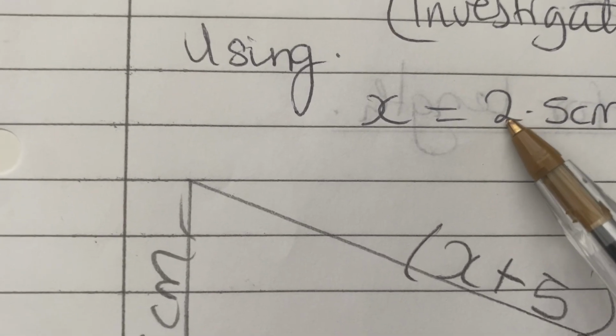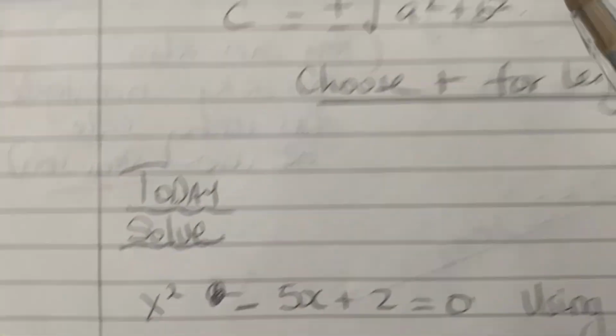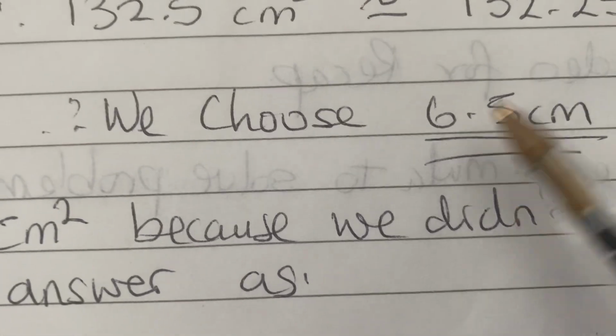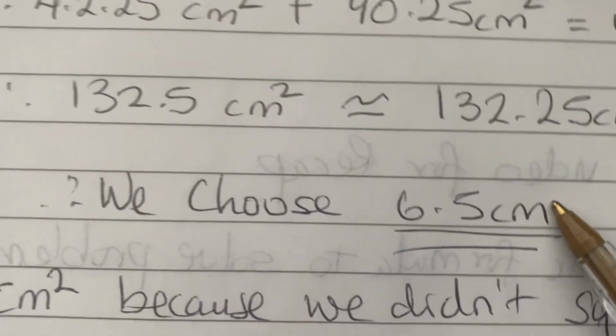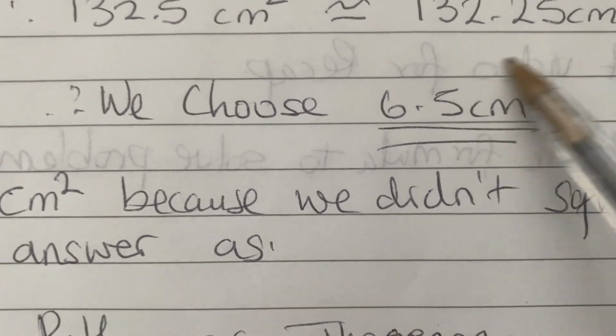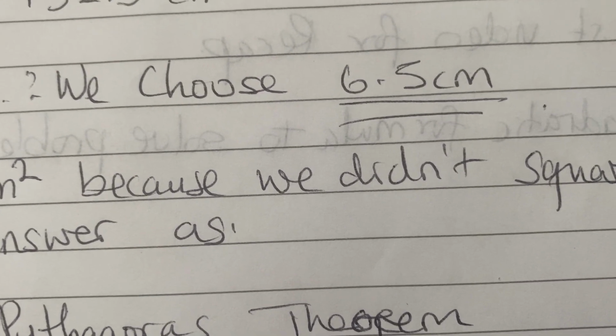So if I use x with Pythagoras, it doesn't give me the values in the question with 2.5. The closest I can choose is 6.5 centimeters. So x now is 6.5 centimeters.